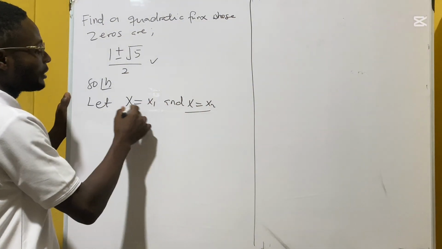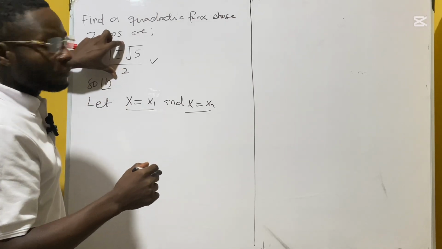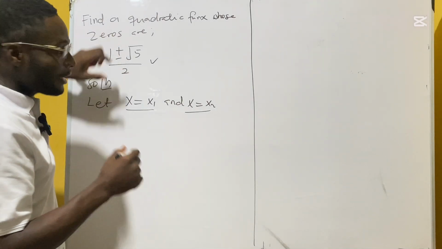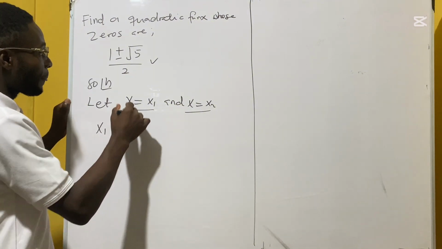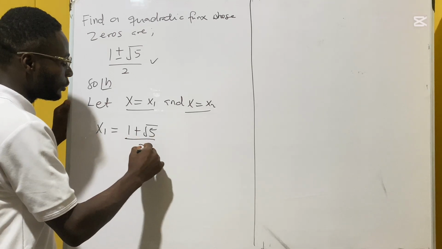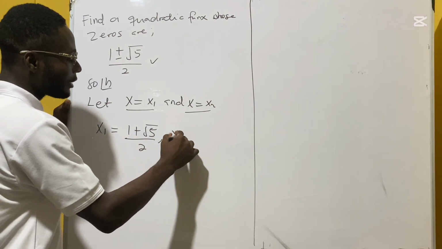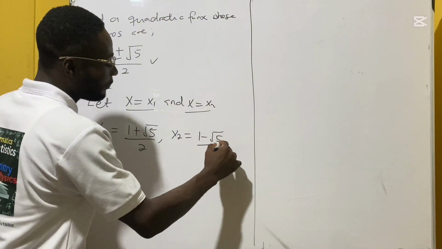So these parameters you have here, you are going to associate them with this argument. Our x1 here is going to be (1 plus square root of 5) over 2, and our x2 will be equal to (1 minus square root of 5) over 2.